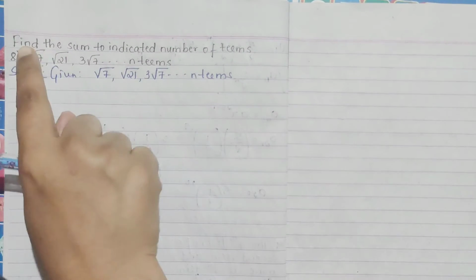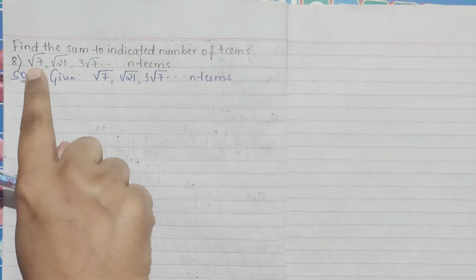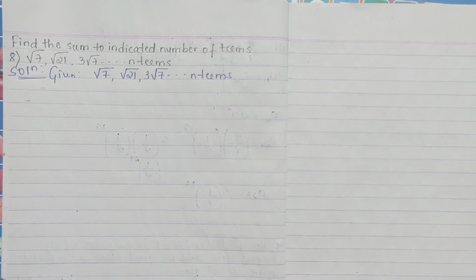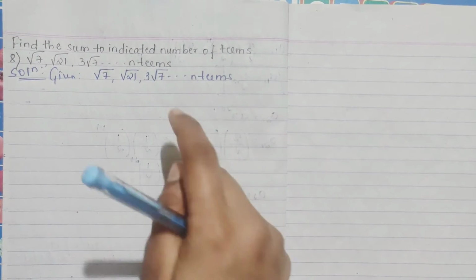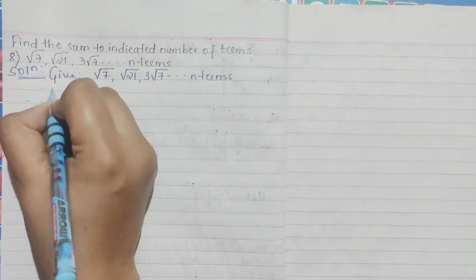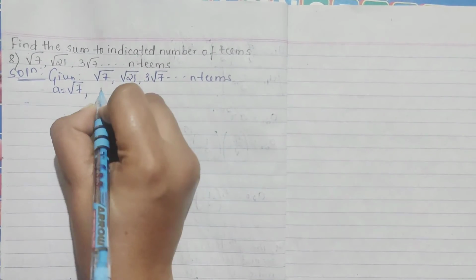Next pattern we have, they are telling us to find the sum to the indicated number of terms. The 8th question I have taken is √7, √21, 3√7, and so on up to 9 terms. So given, write it down. They are asking you to find the sum, right? Sum means S_n. So first we see our A is equal to √7. R we will find.